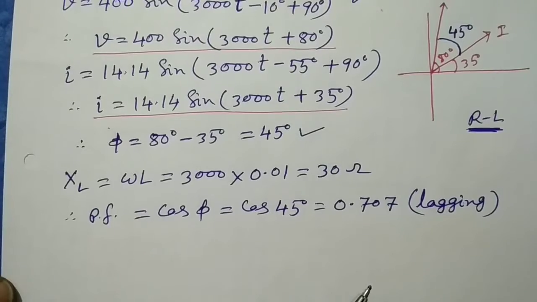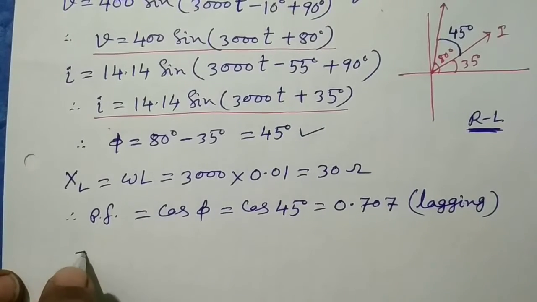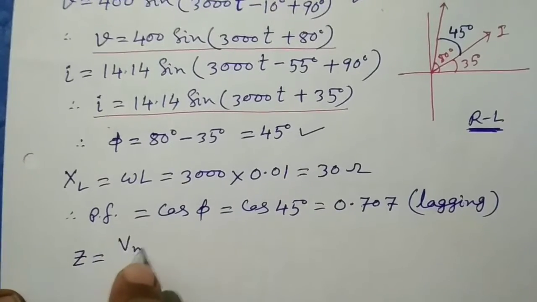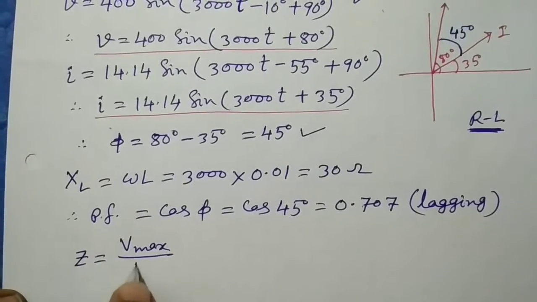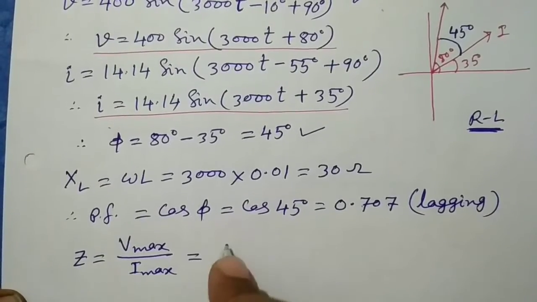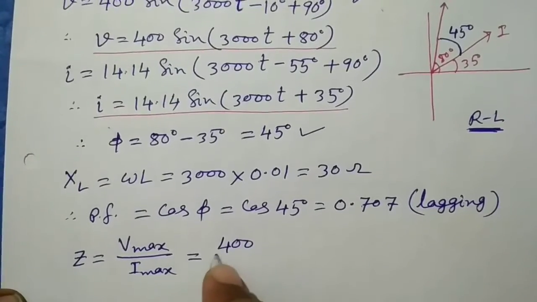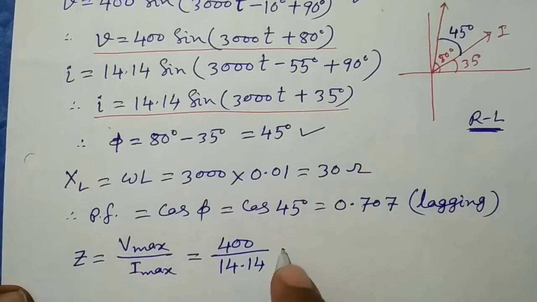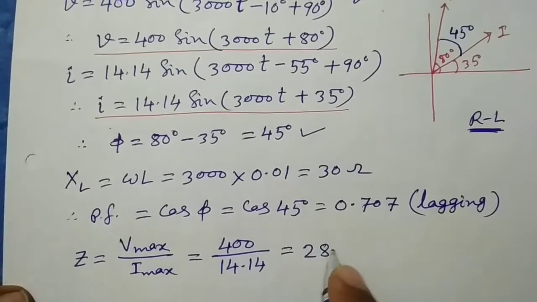The next step is to find the impedance of the circuit, Z. It can be written as Vmax upon Imax, where Vmax is 400 and Imax is 14.14. So Z will be 28.29 ohms.